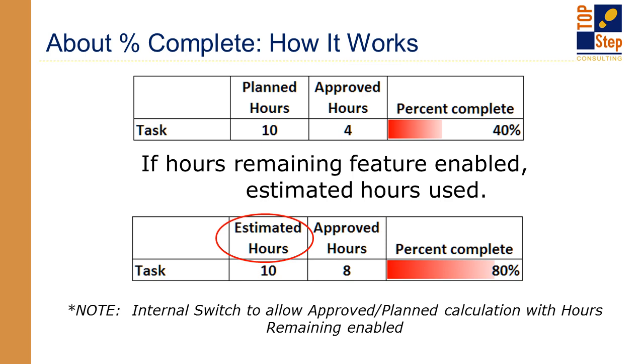Only one or the other can be enabled, either estimated or approved hours, which get divided by the planned. And then with the estimated hours feature enabled, the user or the project manager can enter the estimated hours remaining on a task at the time they are entering their time on their timesheet. That said, this particular one does require more diligence and upkeep and paying attention to hours across the board.